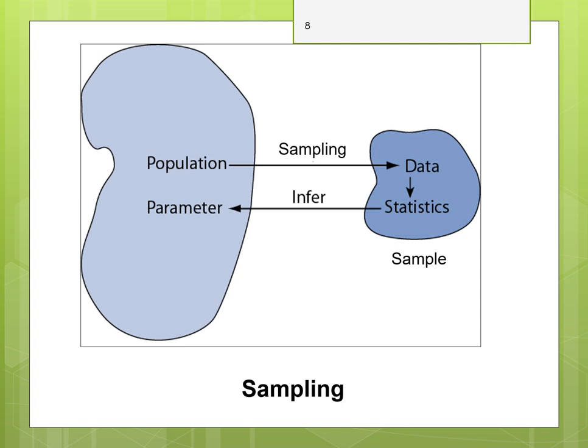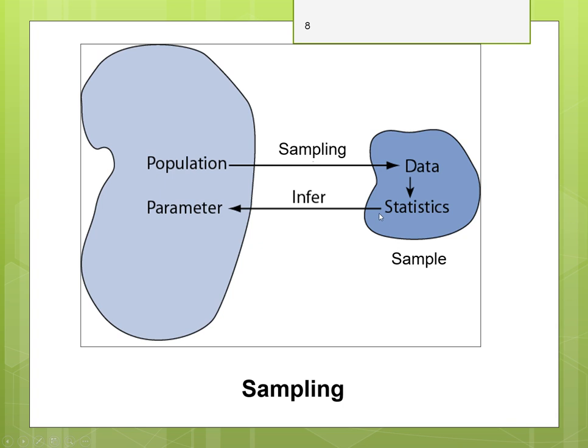So how can we solve that problem? We can draw randomly from the population. So that is an easy and very useful way to draw the sample. We use the data of the sample to calculate some special value.